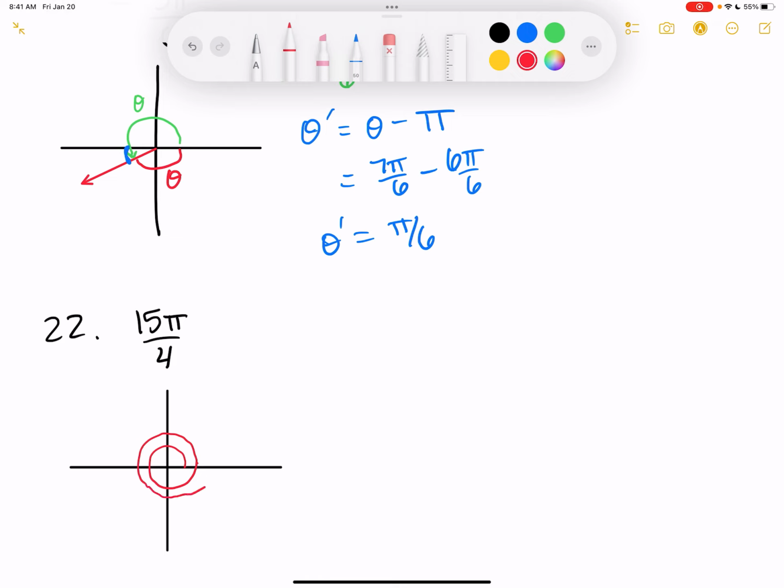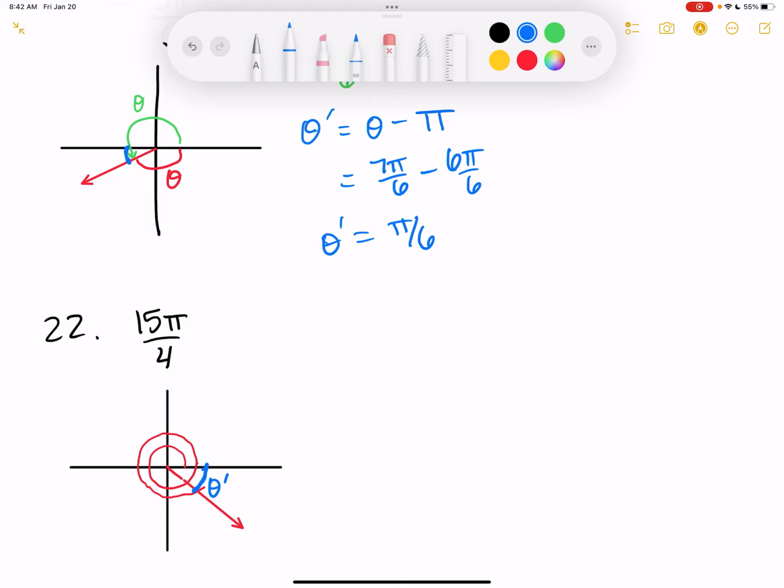So 15 pi over 4 is down here. I care about this theta value in here, theta prime. So we went around one full time, and then how much more did we go around after that? 7/8 of the way out.